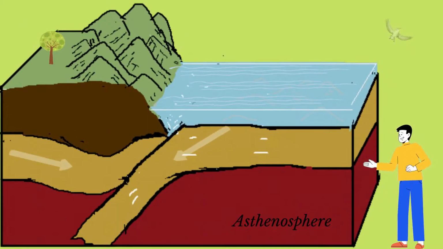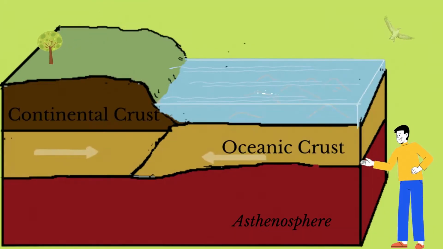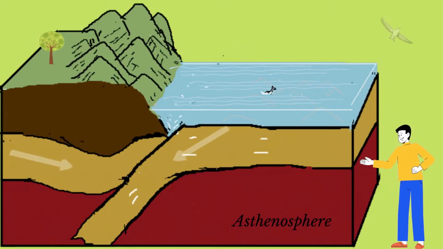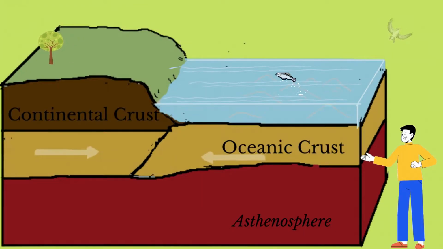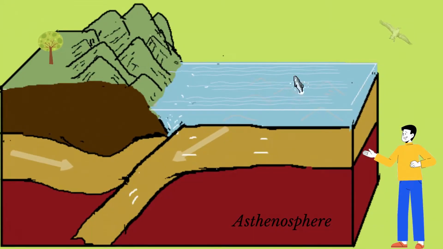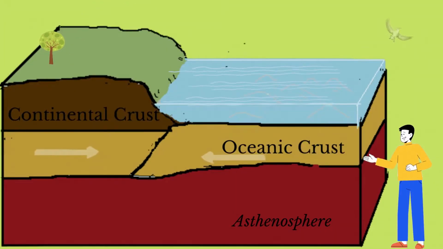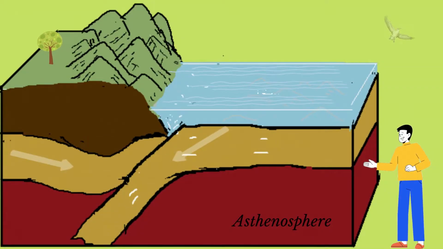When an oceanic plate converges with a continental plate, the sediments under the sea at the edge of the continental plate are compressed. As the oceanic plate sinks beneath the continental plate, their motion forward pushes sediments together.